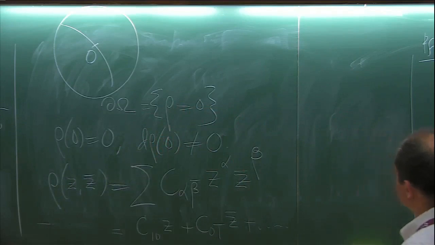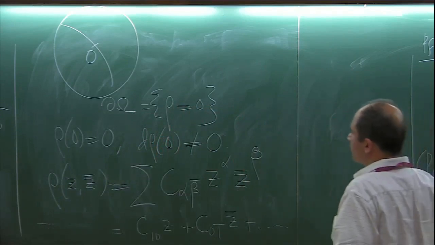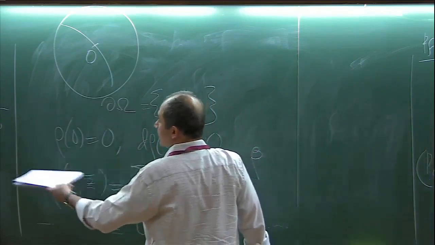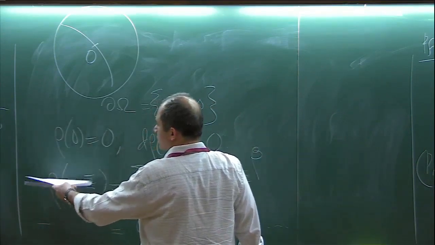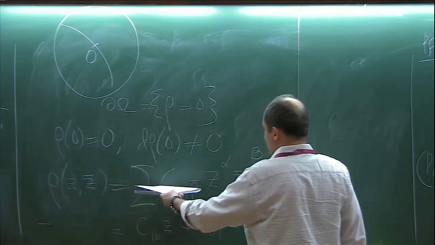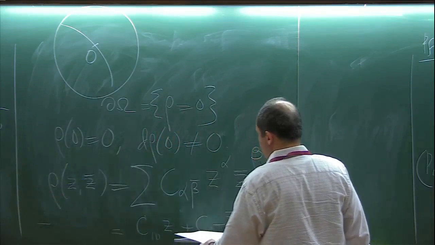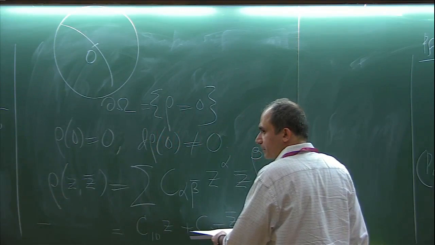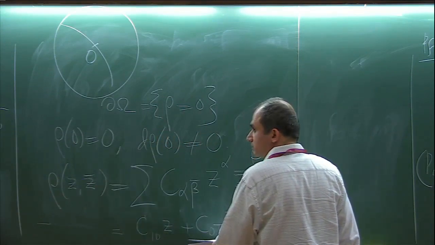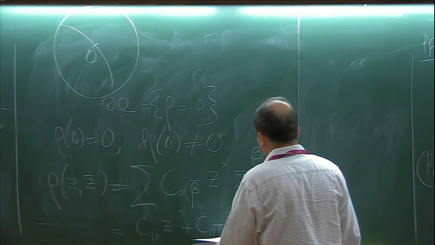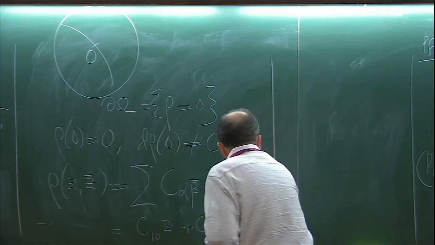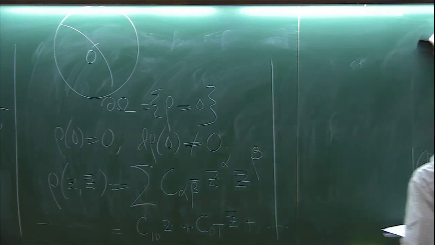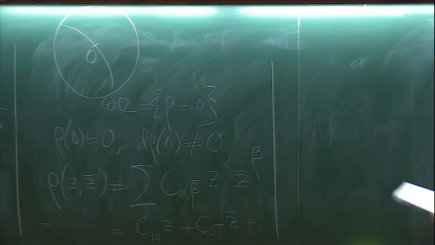Right? And the other observation is that rho is a real valued function. So rho is equal to its conjugate, and therefore C10 is in fact the conjugate of C01. So if this is non-zero, this is also non-zero. Right? And therefore you can try to solve this equation for z bar in terms of z locally.